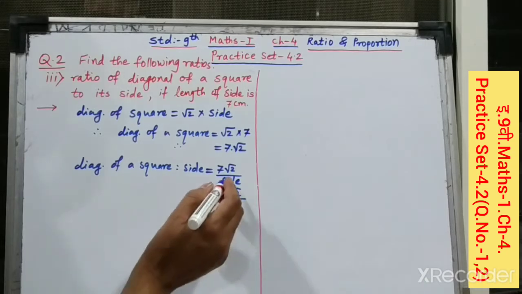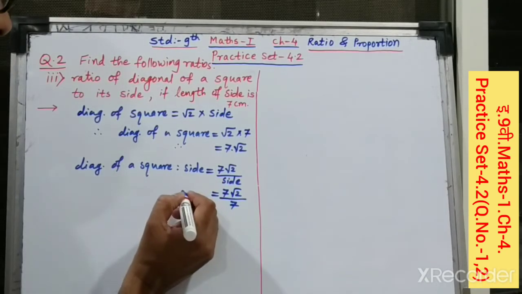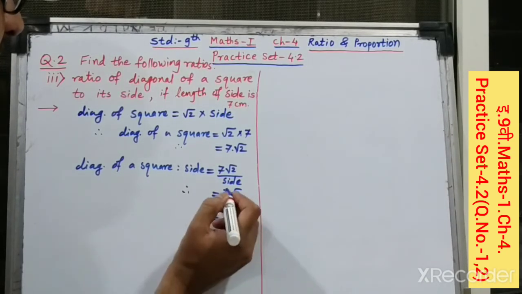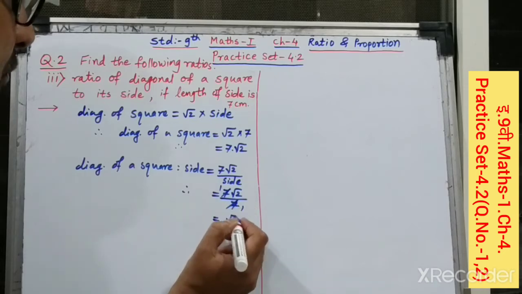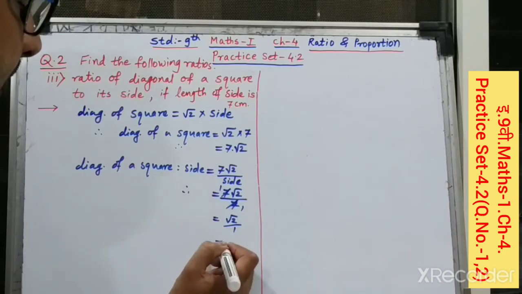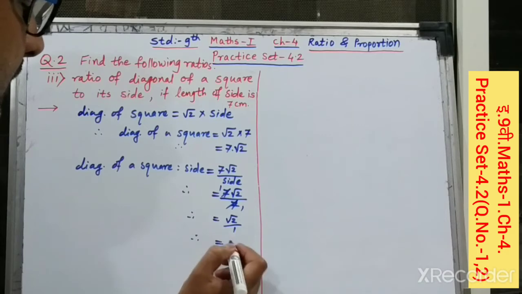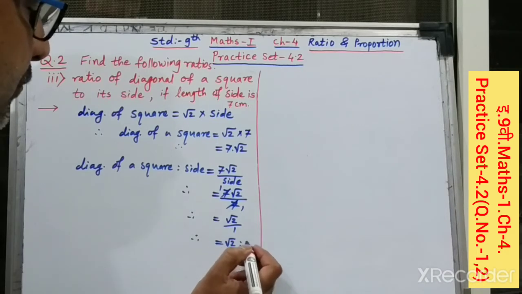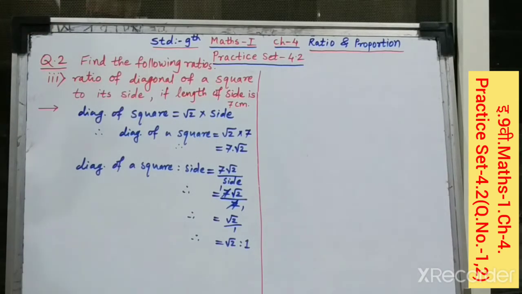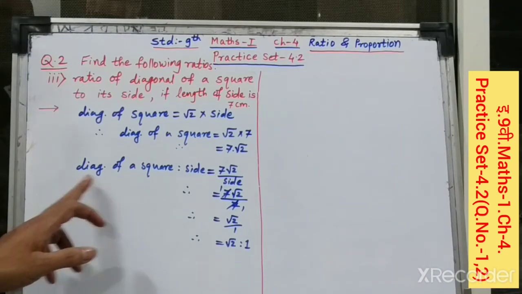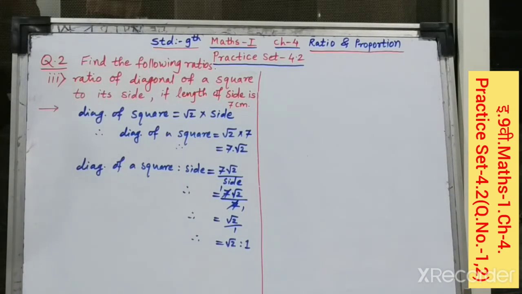So instead of side I write here 7. So 7 gets cancelled here. So root 2 upon 1, that is ratio is root 2 to 1. So this is the ratio of diagonal of a square to its side.